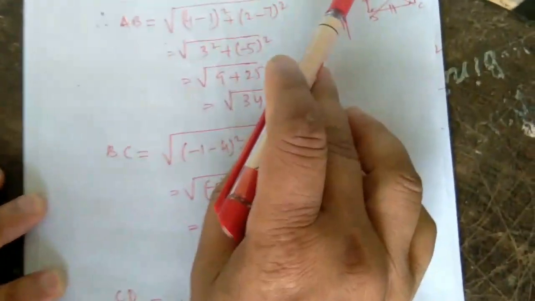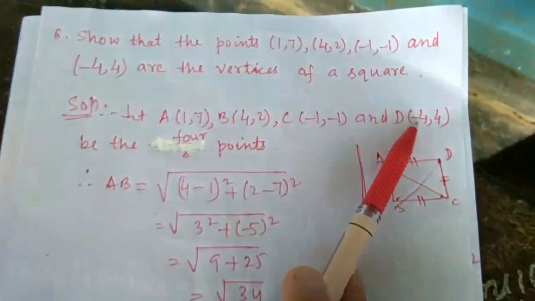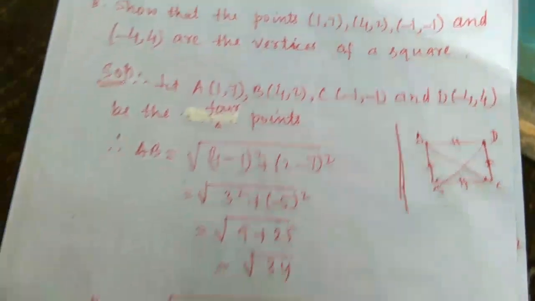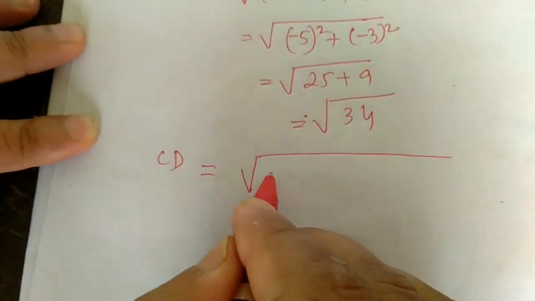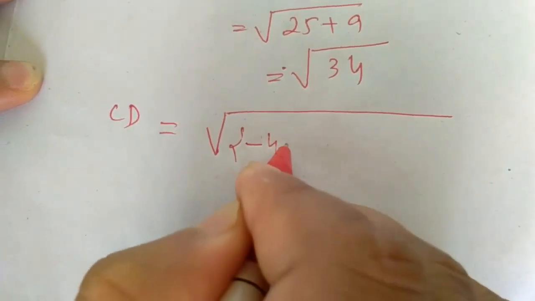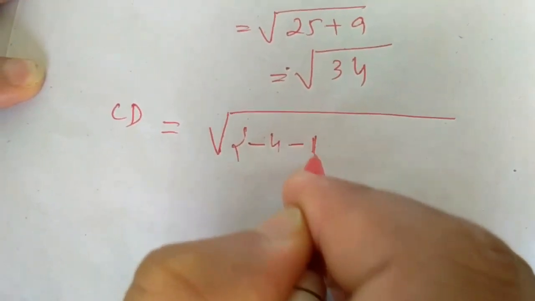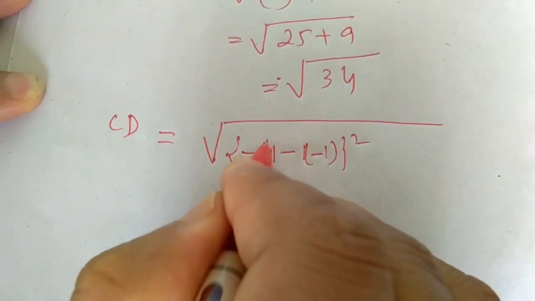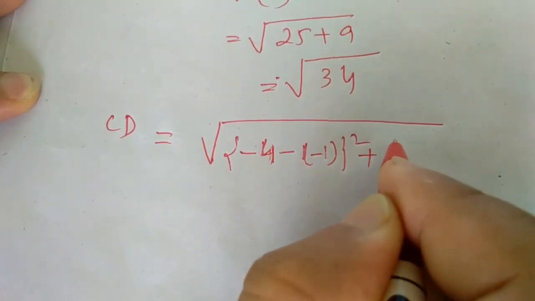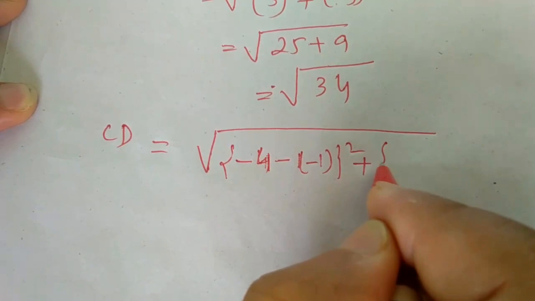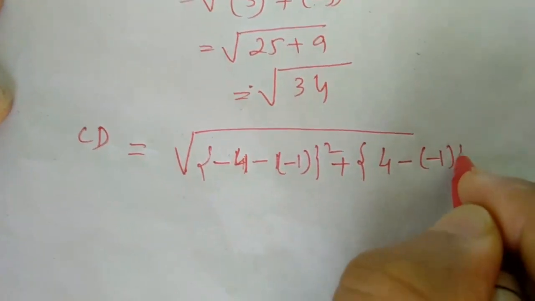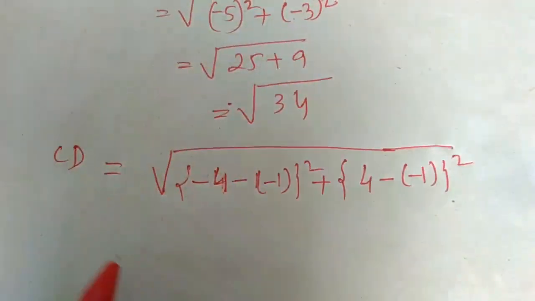Again, you need to find CD now, same as before, CD equal to root over. Compare C and D. The coordinate of D will be x2, y2, and C will be x1, y1. So formula: x2 minus x1, x1 means minus 1, whole square, plus y2, y2 means 4, minus y1, minus 1.